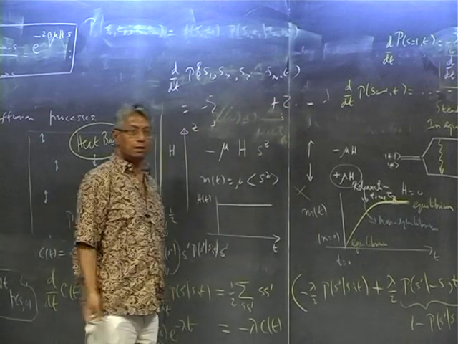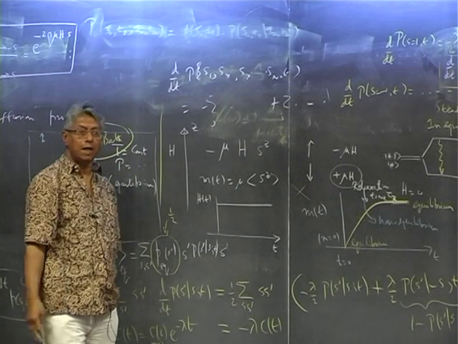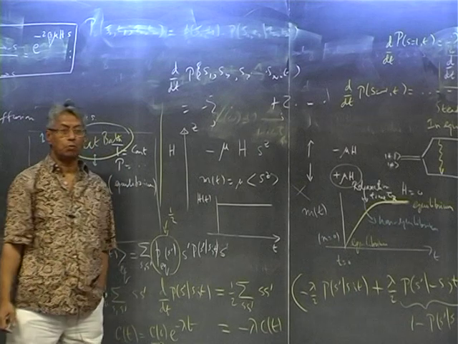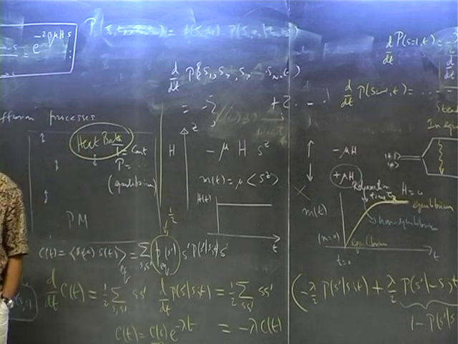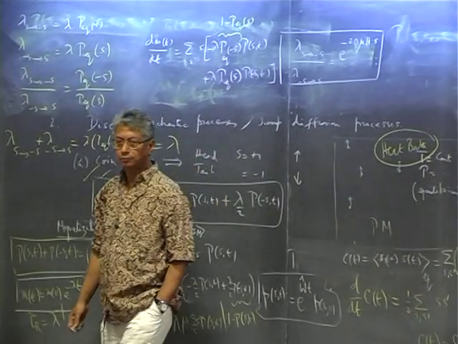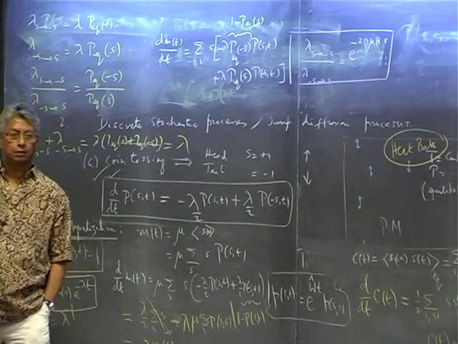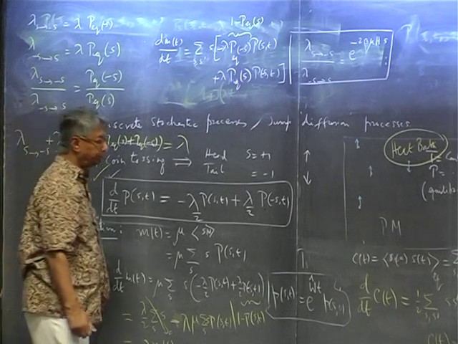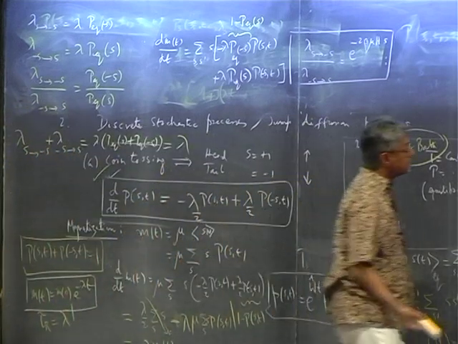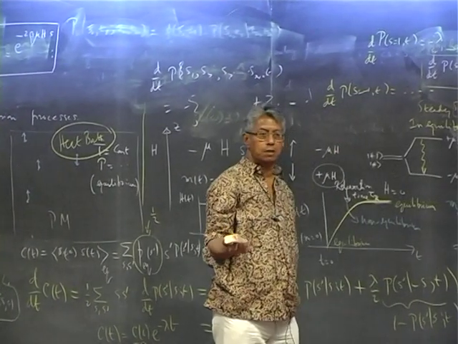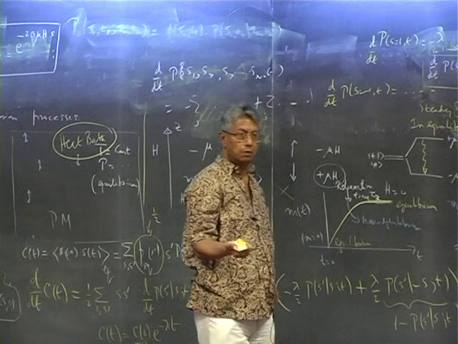Just one equation that has n differential equations, and I'm only writing 2 in terms of 1. This equation is just valid for a general S. In this case, S only takes values plus 1 and minus 1.